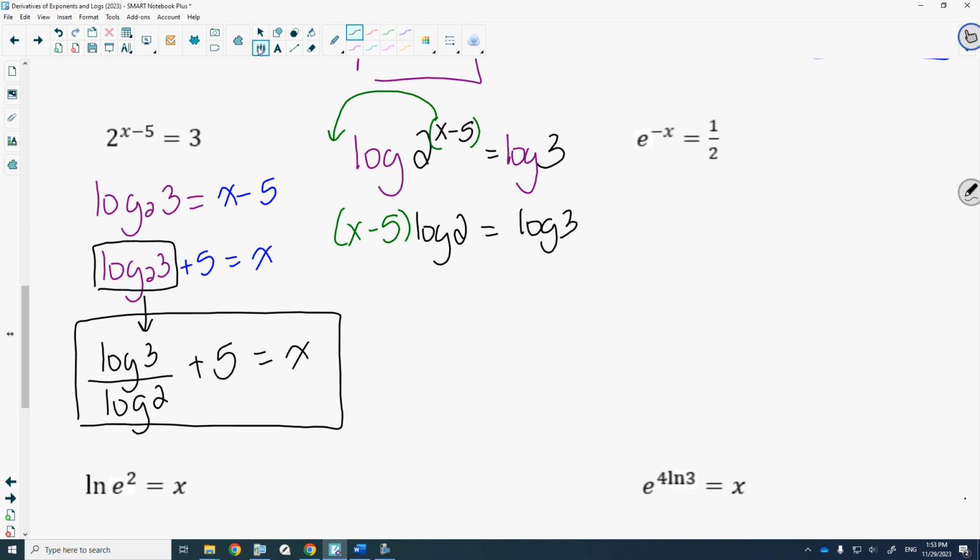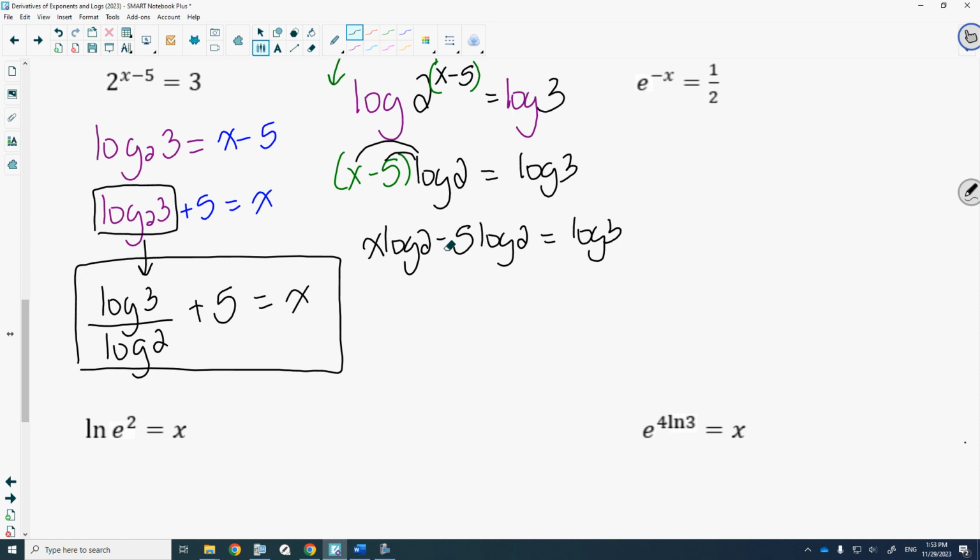We want to get rid of the bracket, so I want to distribute in the x and the negative 5. So x times log of 2 would be x log of 2, and then minus 5 times log of 2 would be minus 5 log of 2, is equal to log of 3. From here, we want to isolate x. So get rid of this minus 5 log of 2 by bringing it to the other side. So x log 2 equals log 3 plus 5 log 2.